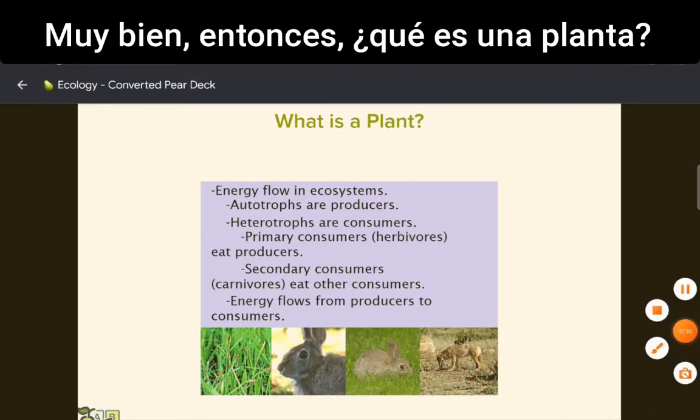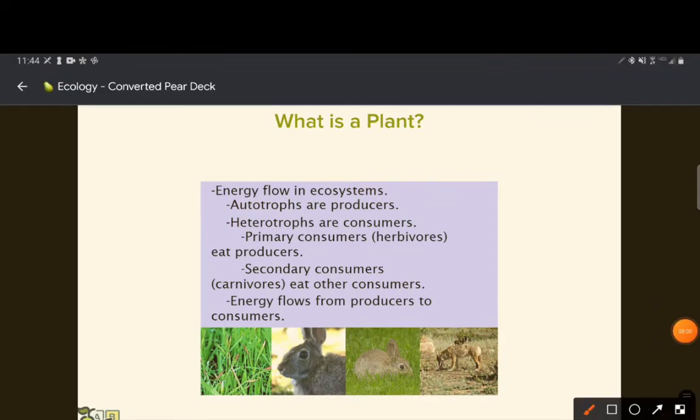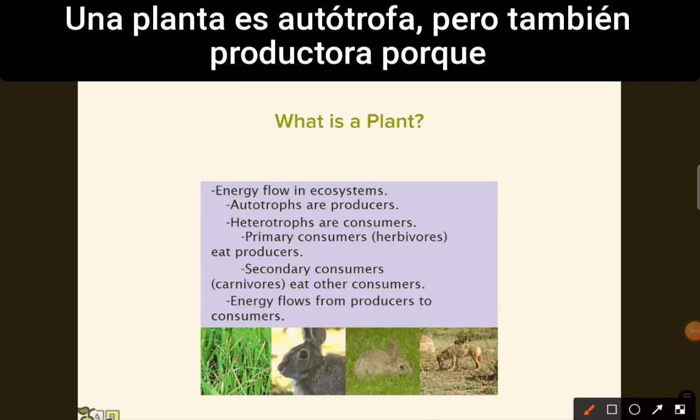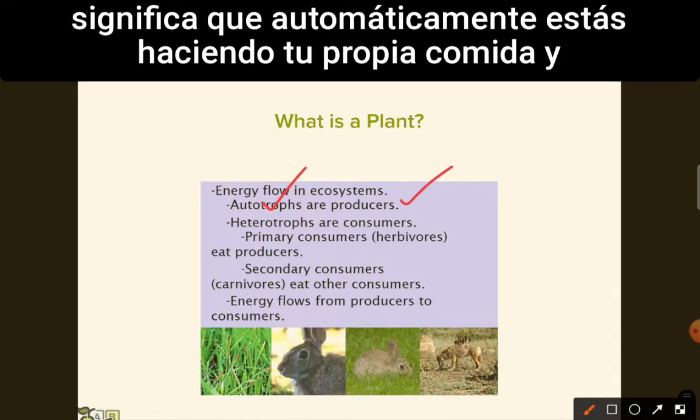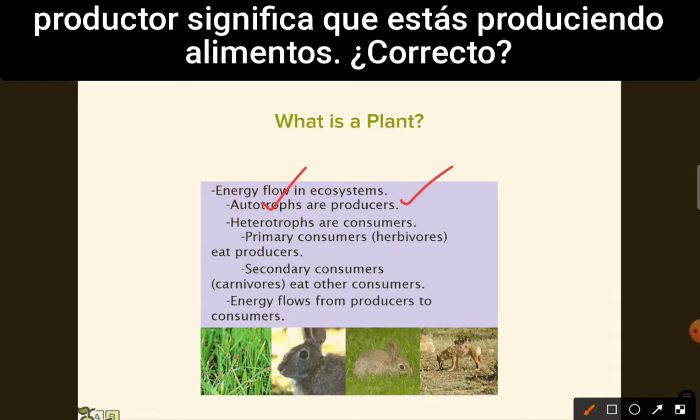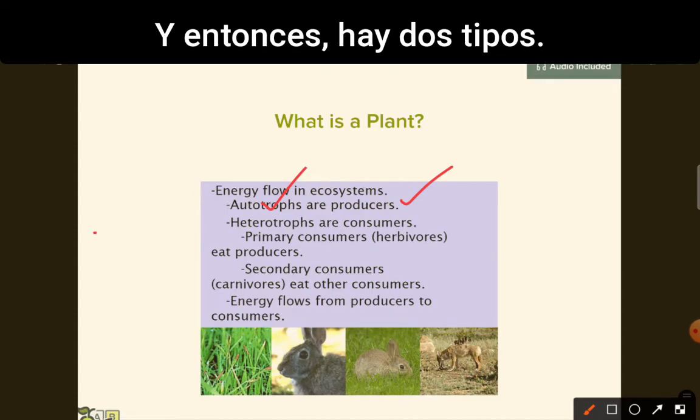All right, so then what is a plant? A plant is an autotroph, but it is also a producer because those words mean the same thing. Basically, autotroph means that you're automatically making your own food, and producer means that you are producing food, right? And so there are two types, actually.